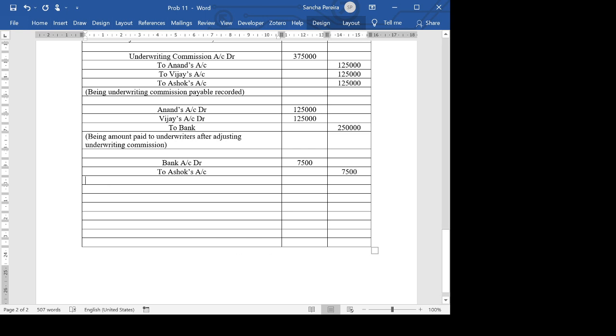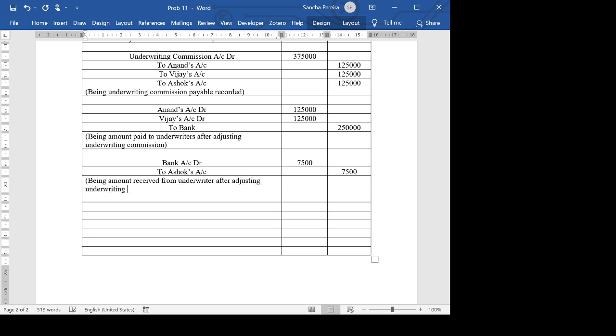Being amount received from underwriter after adjusting underwriting commission.